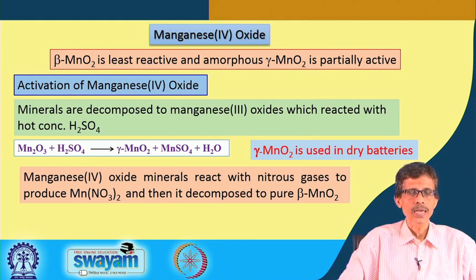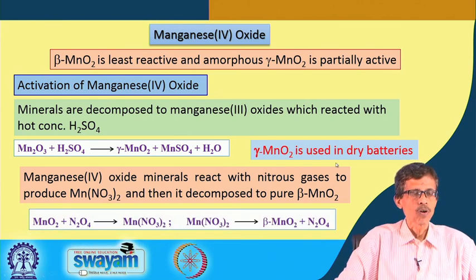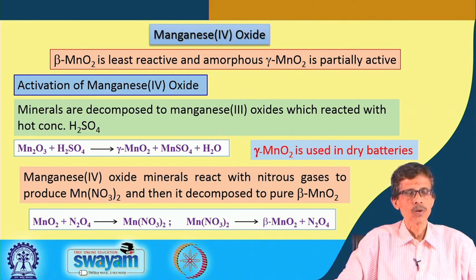So, by direct reaction of the mineral with the gaseous reagent, we get the corresponding nitrate salt. And if we now decompose that nitrate salt, we will get the other variety, the beta form.